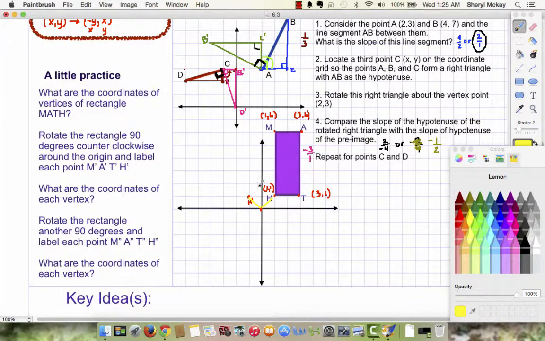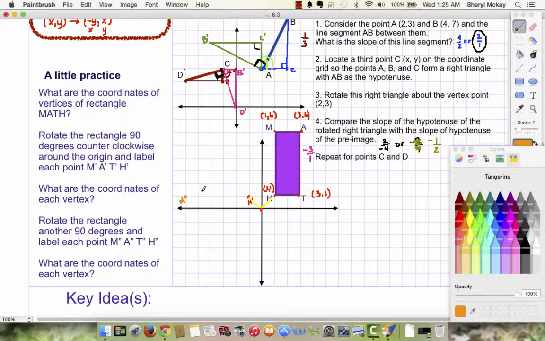This was 6 over 1, so my slope for M prime is going to be negative 1 over 6. So that means that I'm going to go up 1 and over 6 this way. 1, 2, 3, 4, 5, 6. And this is my M right here, M prime. Okay, so my M came zoop down here.